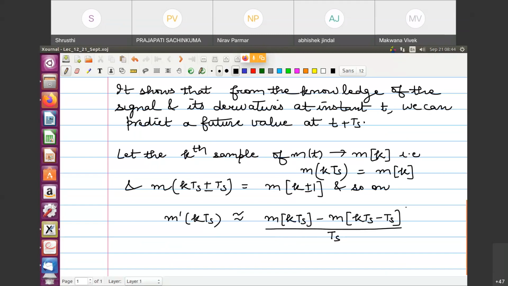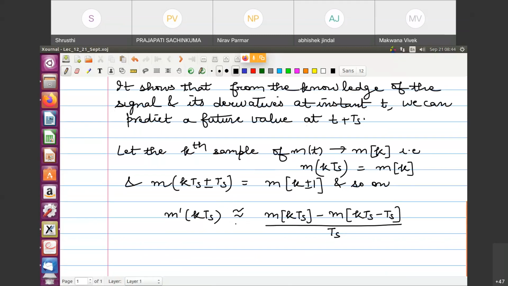That is, take two values which are nearby, subtract, divide by that interval, and let that interval tend to 0. This converges to the derivative of the sum. Okay. That is the standard. This is coming from the real analysis or from the basic calculus that you study. So we are not going into that. We are assuming that this approximation is good enough.